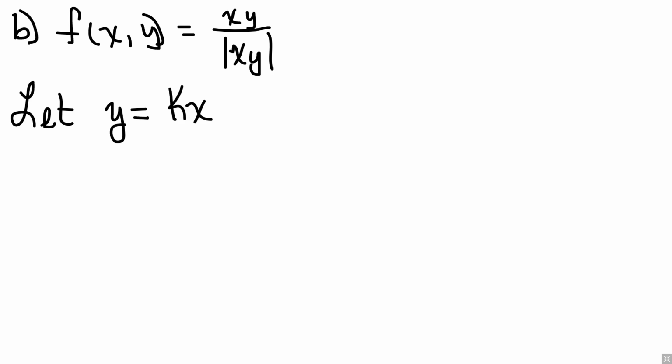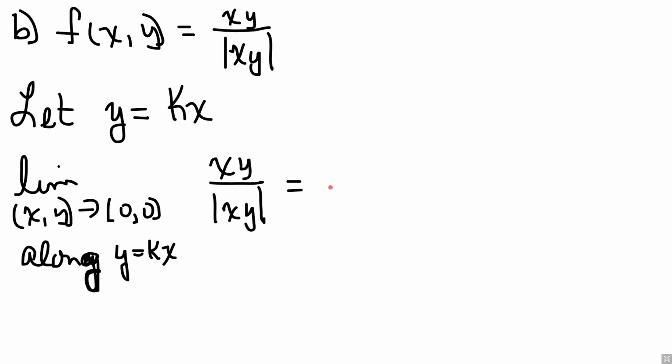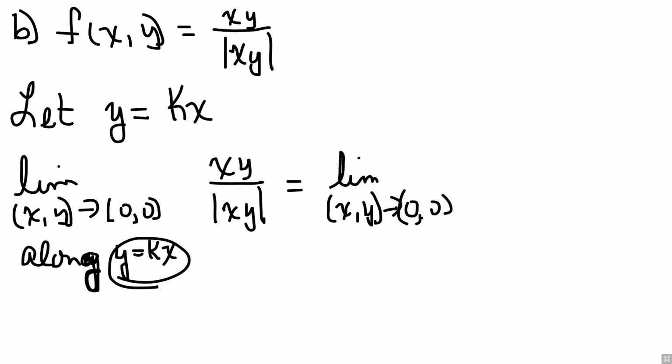So basically what I'm going to do is take the limit as (x, y) approaches (0, 0) along y equals kx of xy over the absolute value of xy. So I replace y with kx.